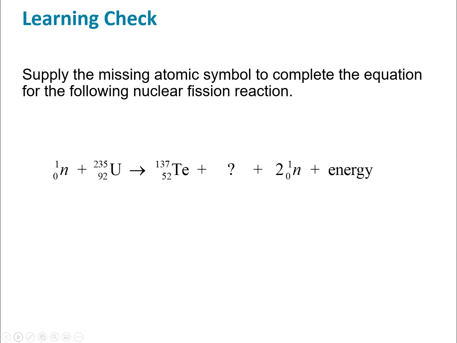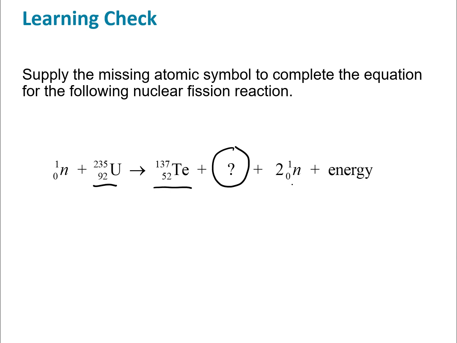So this is a different fission reaction. It's still involving uranium. It's being bombarded by a neutron. We're forming this element and another one that we have to figure out.